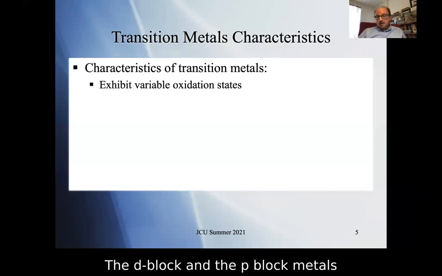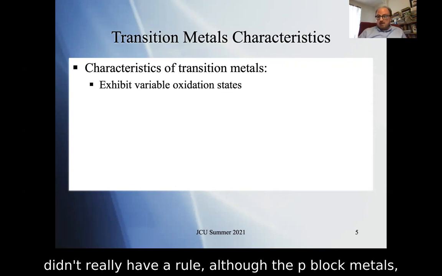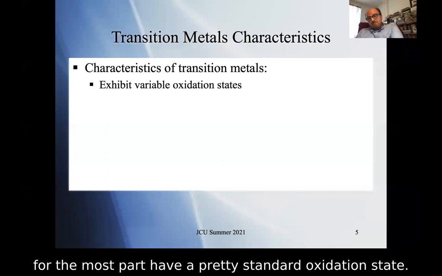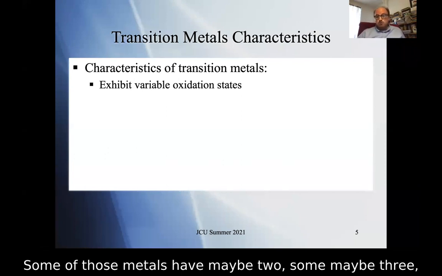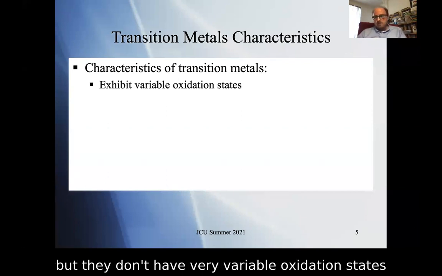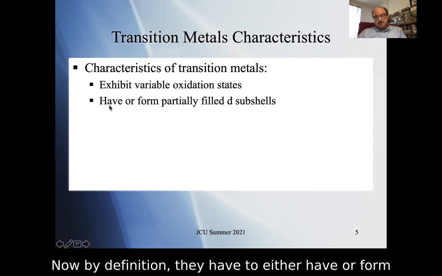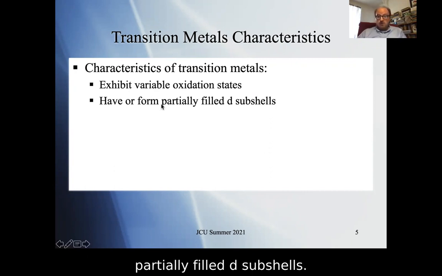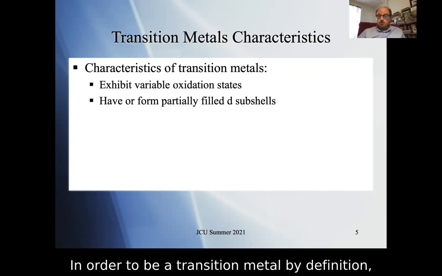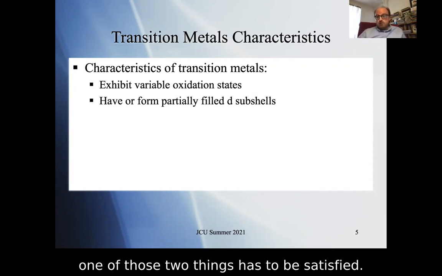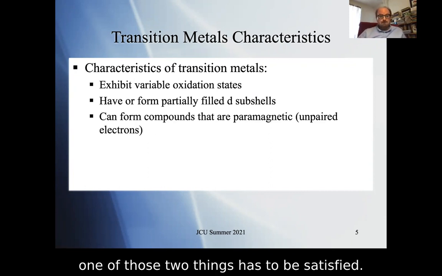The d block and the p block metals didn't really have a rule, although the p block metals, for the most part, have a pretty standard oxidation state. Some of those metals have maybe 2, some maybe 3, but they don't have very variable oxidation states relative to the transition metals. Now, by definition, they have to either have or form partially filled d subshells. In order to be a transition metal, one of those 2 things has to be satisfied.